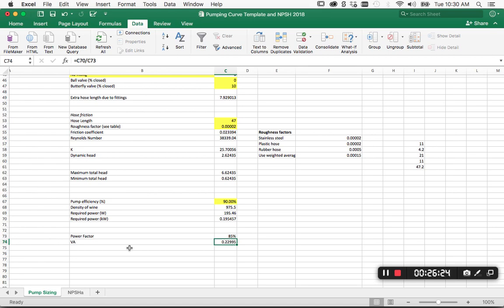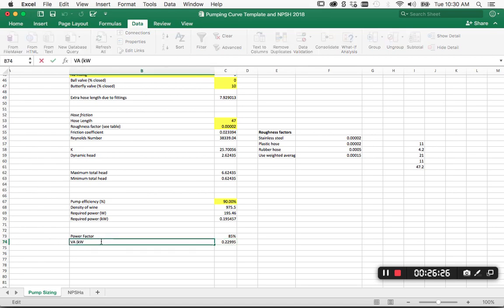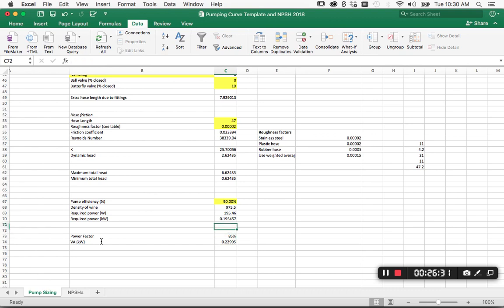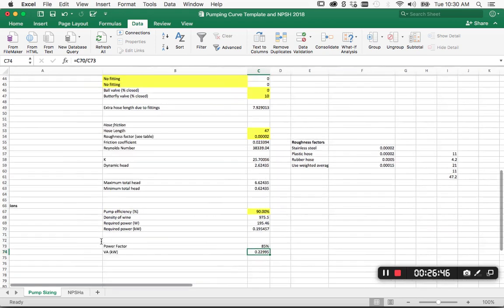Here it says this is actually in kilowatts. I should put that there. The power station actually has to provide about 23 kilowatts to run our 0.195 kilowatt pump. So we actually have to pay for an extra 30 watts per hour to run this pump.